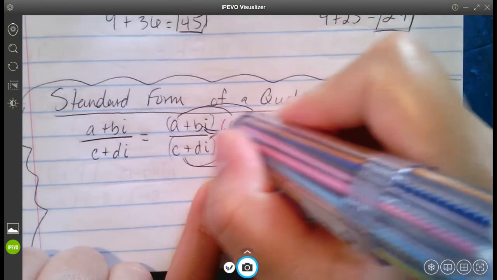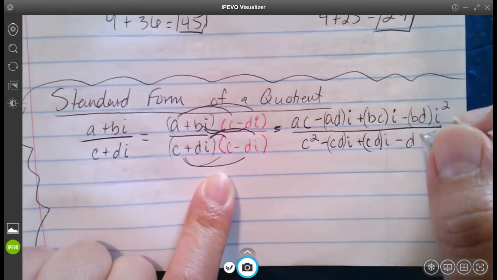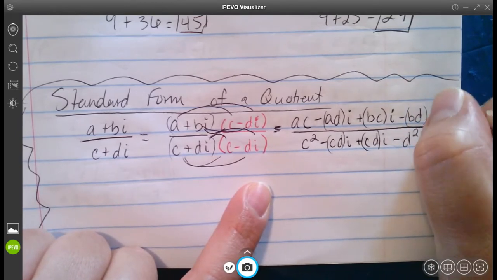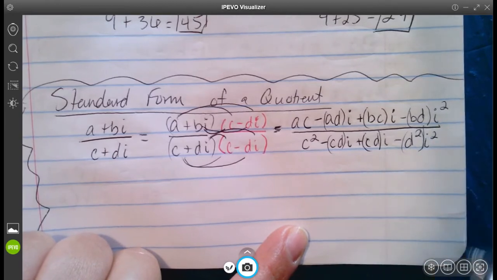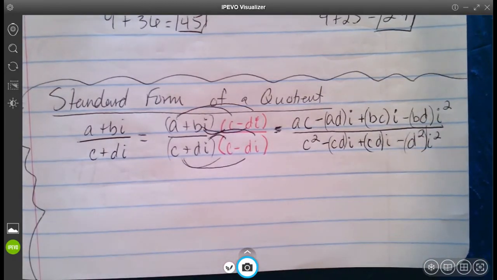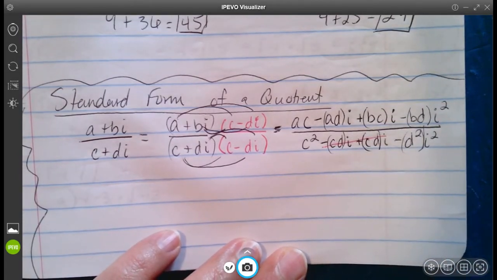And then the last one here is going to be minus d squared i squared, okay? I can put that in parentheses if you want. So we can see that, let's go ahead and simplify a bit. We can see that these two are going to be gone, okay? And what else can we do?